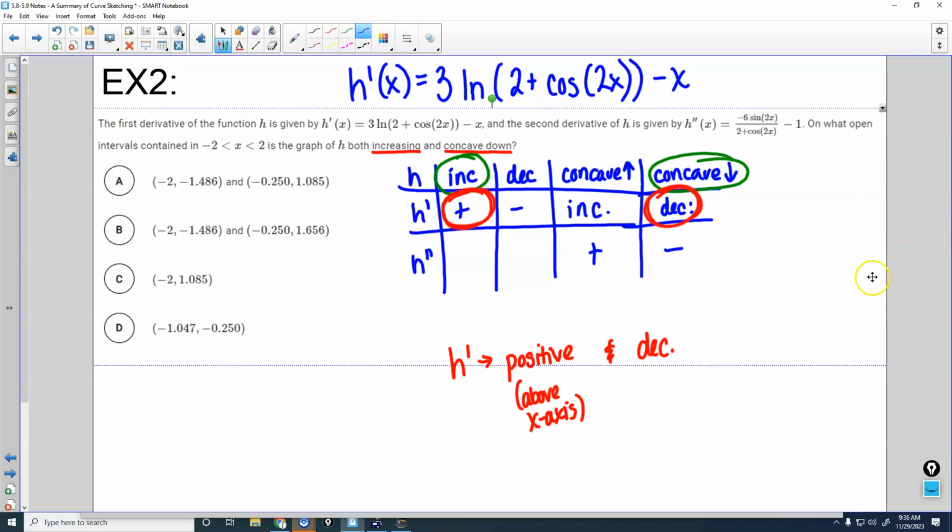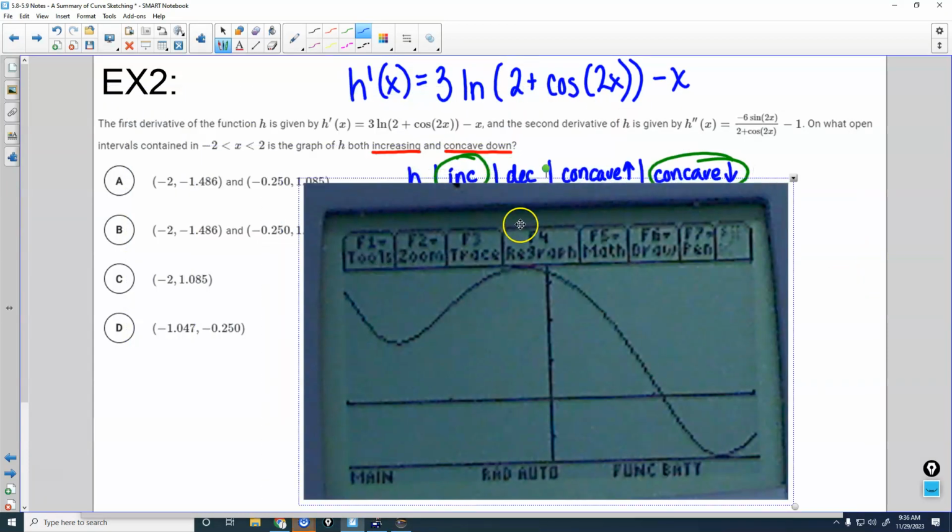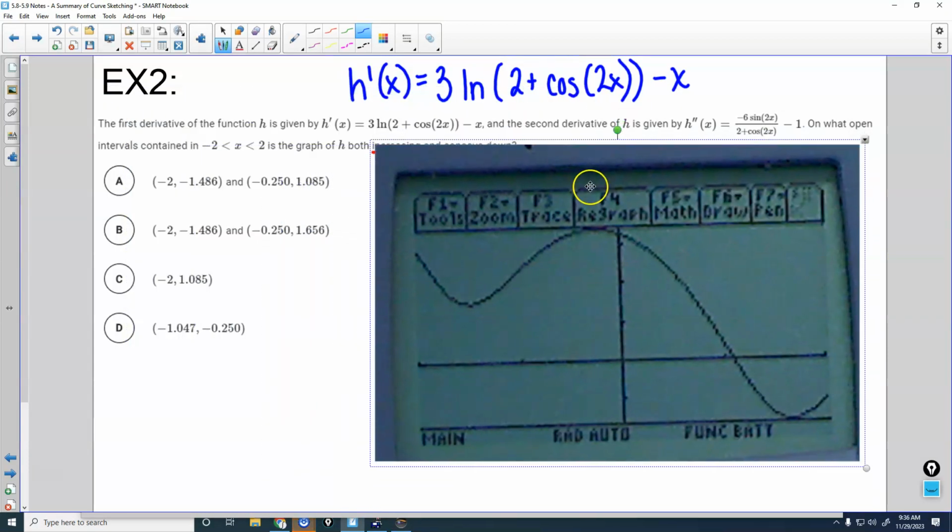Alright, so I'm going to copy and paste this over here so we can see it at the same time. Now we know that this is negative 2, so that would be negative 1. This is 1, and this is 2.